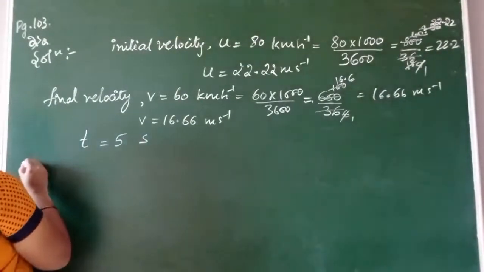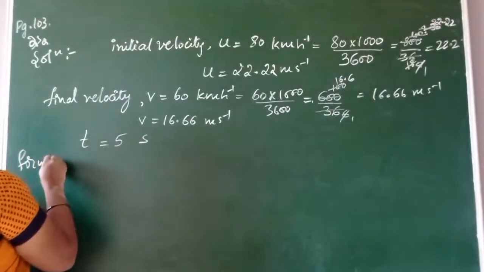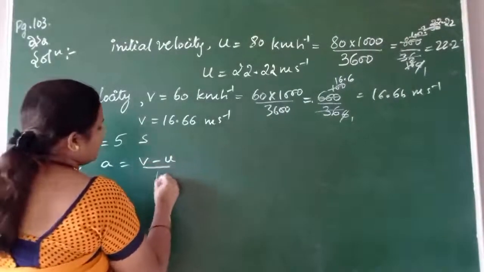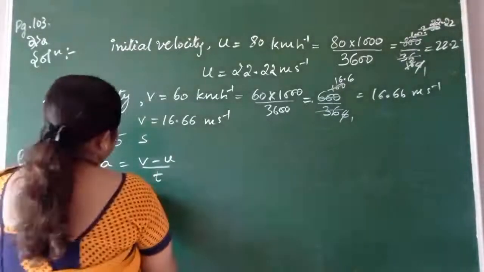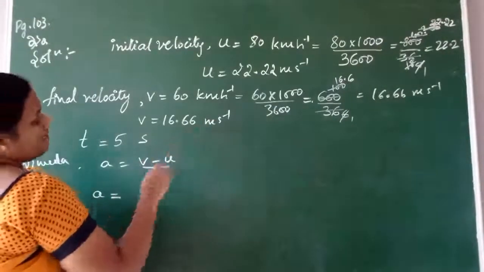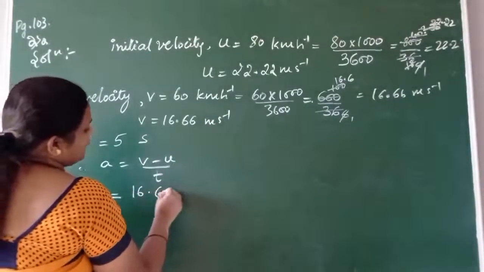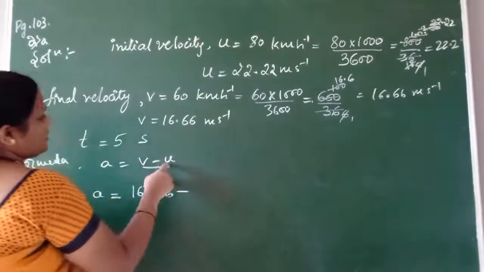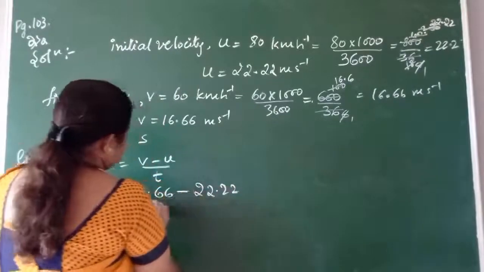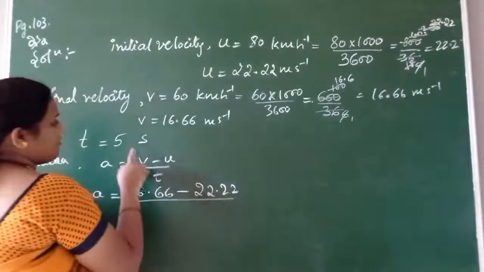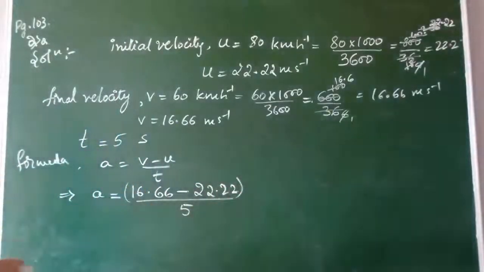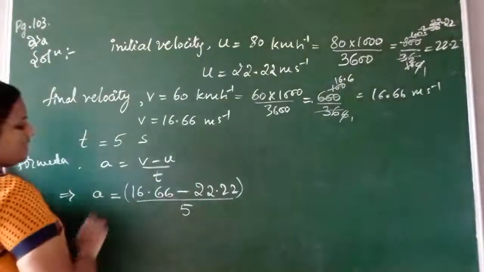So using the formula, a is equal to V minus U divided by T. Now we will substitute the values. a is equal to, what is the V value? 16.66 minus, what is the U value? 22.22 divided by, what is the T value? 5. Isn't it, children? After substituting the initial and the final velocity, we will get this.